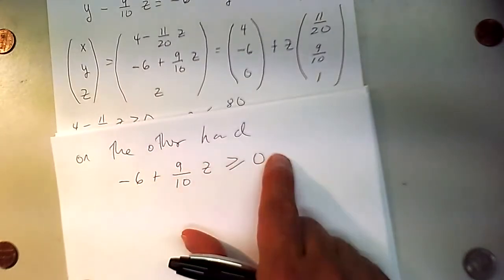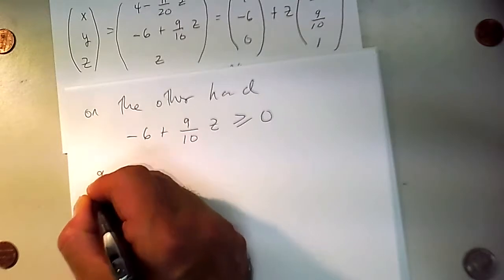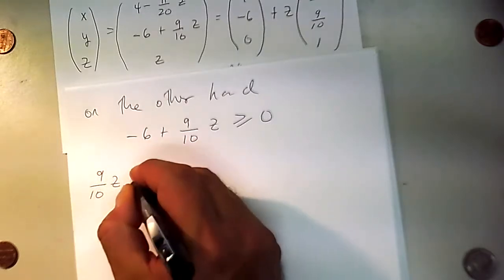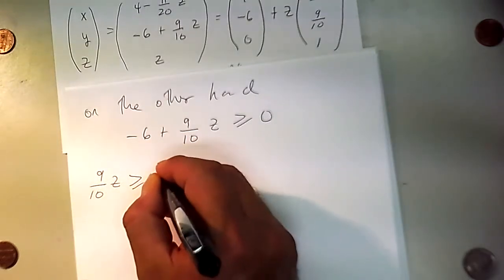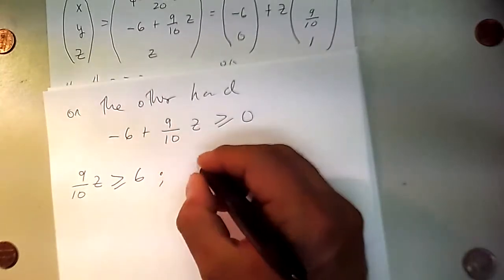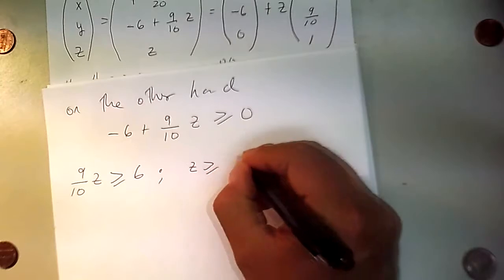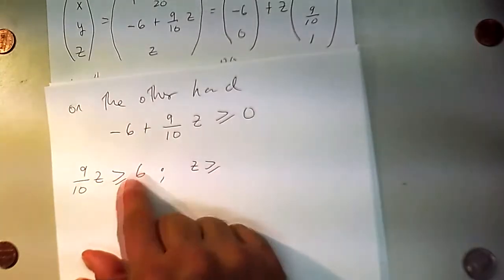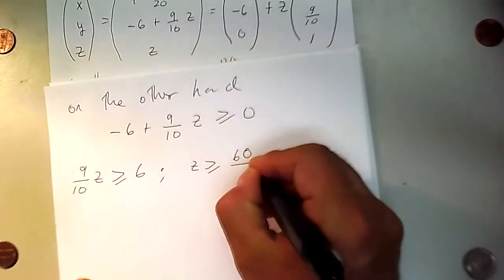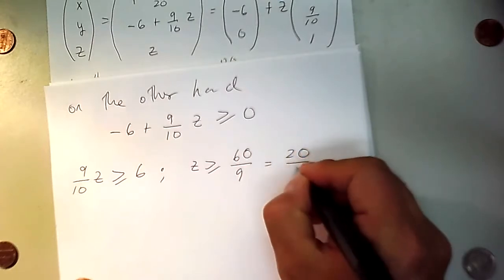We can put the 6 over, so I'm going to continue down here. 9 over 10 z has to be greater than or equal to positive 6 multiplied by the reciprocal. So z has to be greater than or equal to 60 over 9, which is the same thing as 20 over 3.